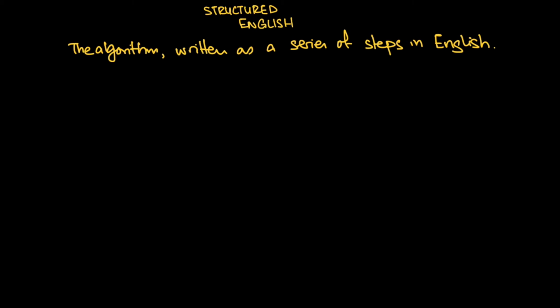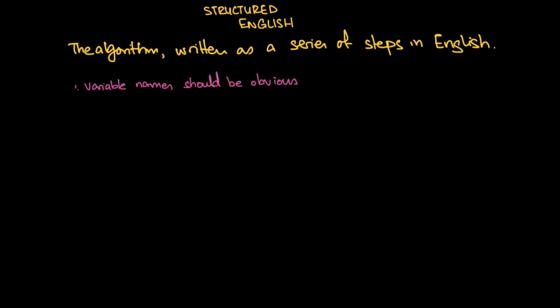So the first of these many guidelines is that when you're writing structured English, your variable names should be obvious. So if you were to translate your structured English into code or even pseudocode, then it should be clear what part of your structured English needs to be a variable.